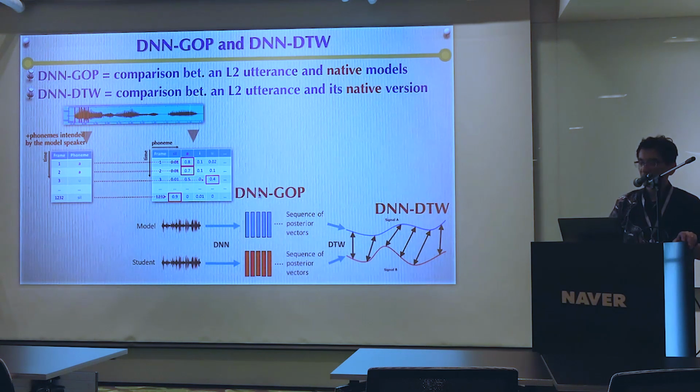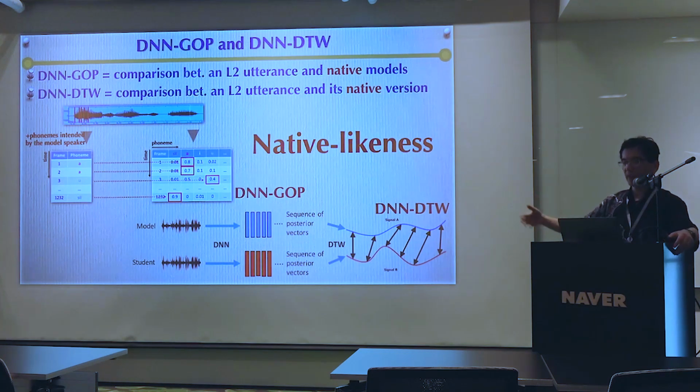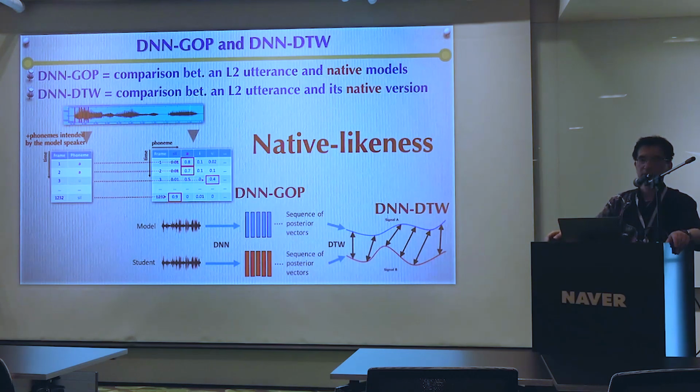This approach is often called the native-likeness approach. If learners' pronunciation becomes very, very native-like, then the learners can acquire a full score. But as far as I know, many teachers hate this approach.